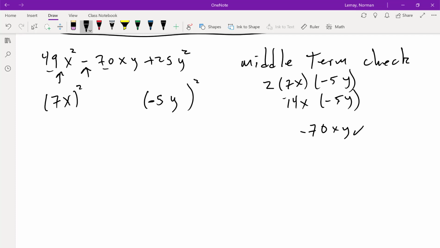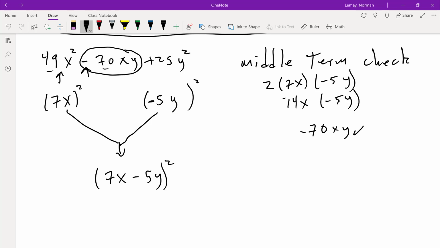So notice that this is exactly the same as, let's not forget our y here. So we get that right there. So that means that this factorization then comes down to nothing more than 7x minus 5y quantity squared.